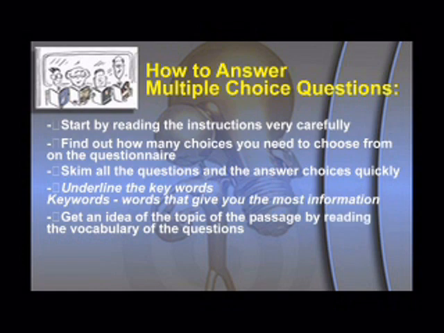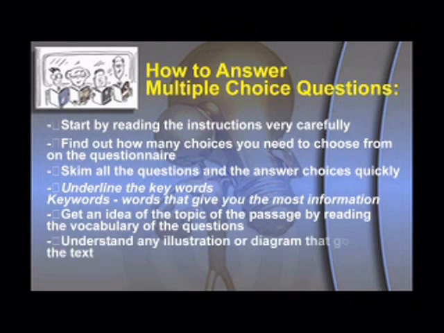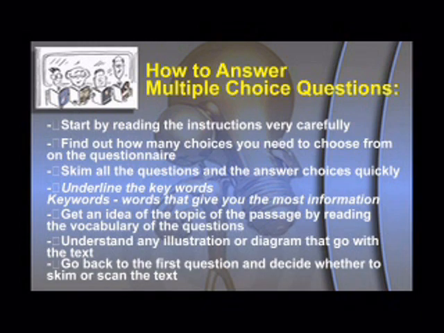Then, try to get an idea of the topic of the passage by reading the vocabulary of the questions. Look at and understand any illustration or diagram that go with the text. After this, go back to the first question and decide whether you are looking for a specific information or whether the question requires you to understand the whole text.